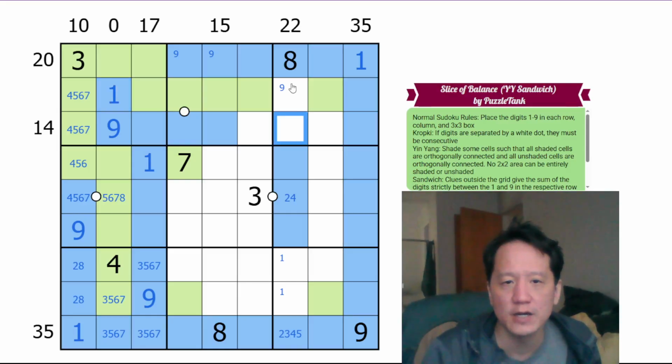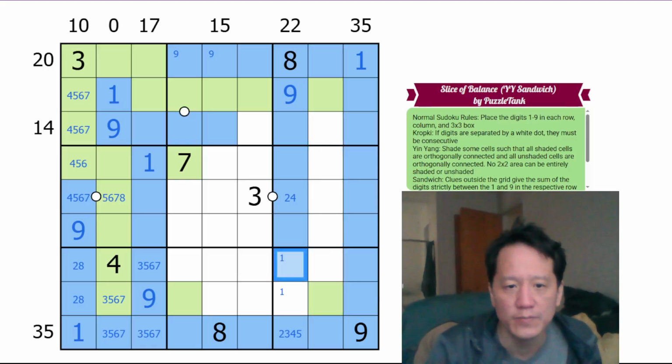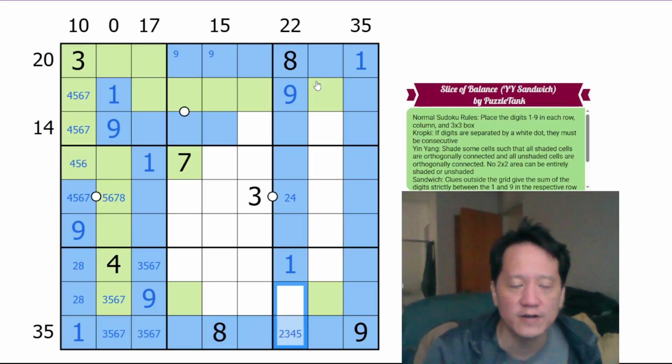Therefore, this can't be 9 here. This is guaranteed to be a 9 here, and is shaded. It must shade all for the sandwich. If 1 were here, that would block the green from being an orthogonally connected region, so 1 has to be here. And then this can't be 1. This is 2 and 3 outside, adding up to 5. With the 8, that's 13 outside of the sandwich.